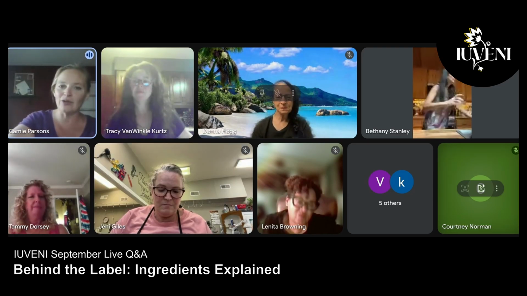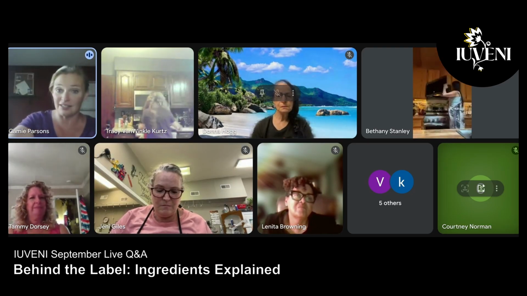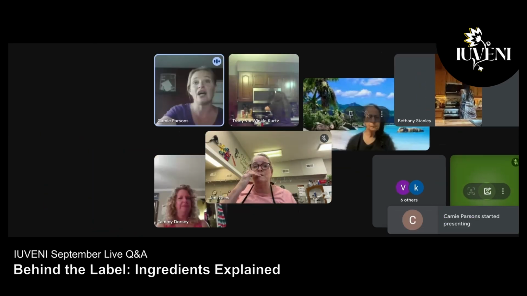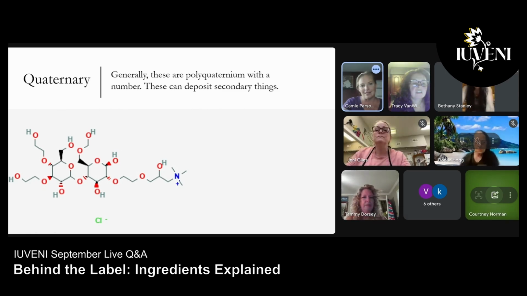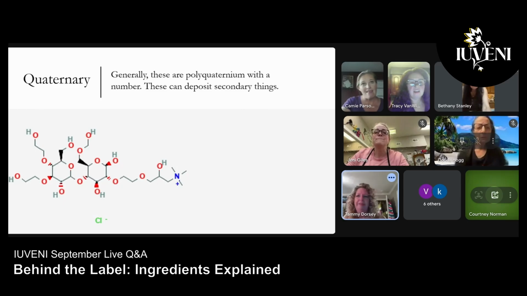Another thing that you are going to see a lot in ingredients are called quaternaries. Okay, this is a quaternary. What do you guys notice? There's no negative. I still struggle reading these things.